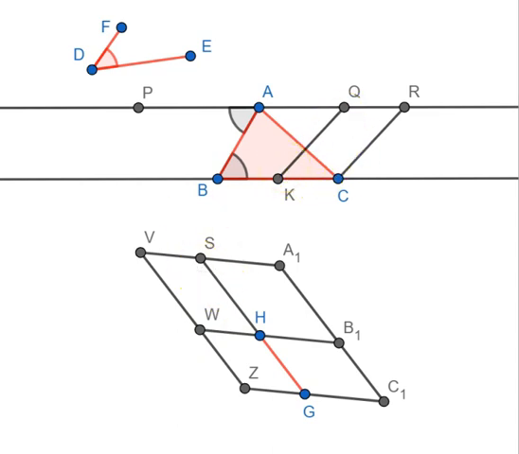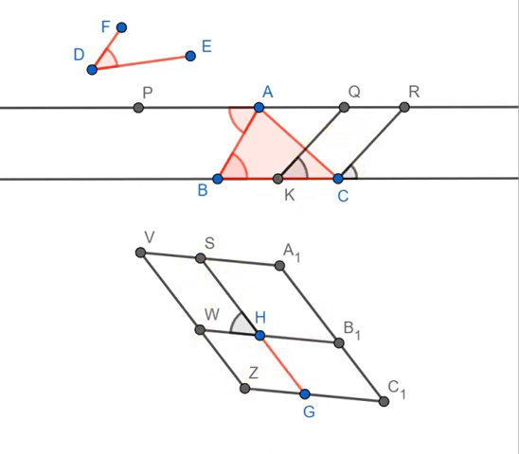Because remember, this triangle CKQ is equal to this triangle, angle SHW, right? Because that is how we copied it. This is equal to this, right? And HS is equal to CR, and they are between the same parallel lines. So this side is equal to this side is equal to this side. So they are equal parallelograms.